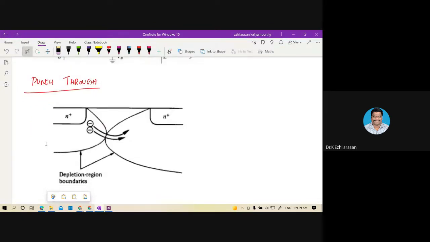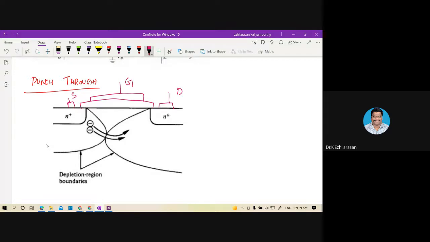In this diagram, this will be your source, this will be your drain, we have the SiO2 layer, then this will be your VG.